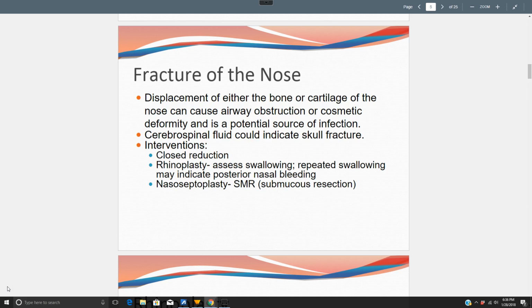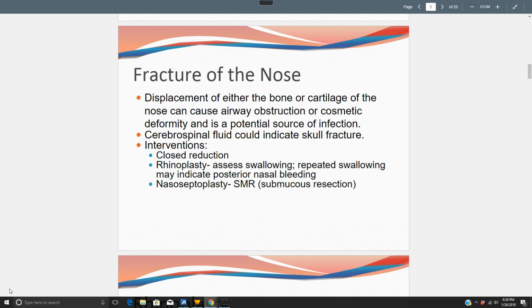And as I said before, it usually results from a direct assault on that particular area. And obviously, the initial signs and symptoms are it's going to hurt a lot. Pain. As I said before, with these types of injuries and fractures to the nose, a patient may manifest pain, obviously.